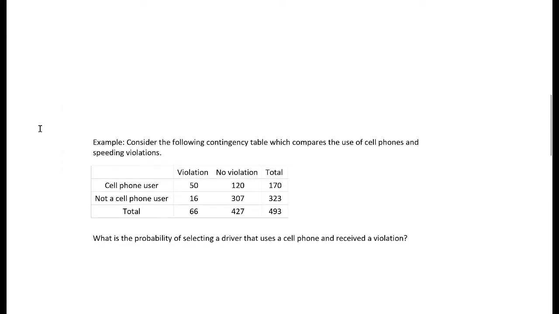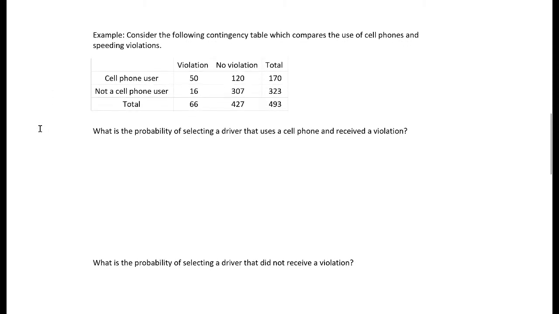Now, from a contingency table, we're able to calculate some probabilities fairly quickly. We have the same contingency table, cell phone usage versus speeding violation. The first question asks, what is the probability of selecting a driver that uses a cell phone and received a violation?